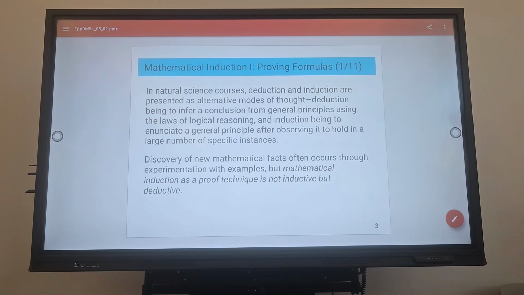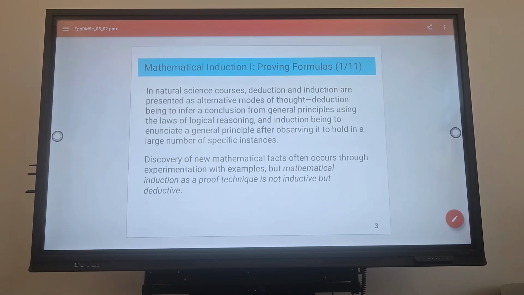In natural science courses, deduction and induction are presented as alternative modes of thought. Deduction is to infer a conclusion from general principles using laws of logical reasoning, and induction is to enunciate a general principle after observing it to hold in a large number of specific instances.